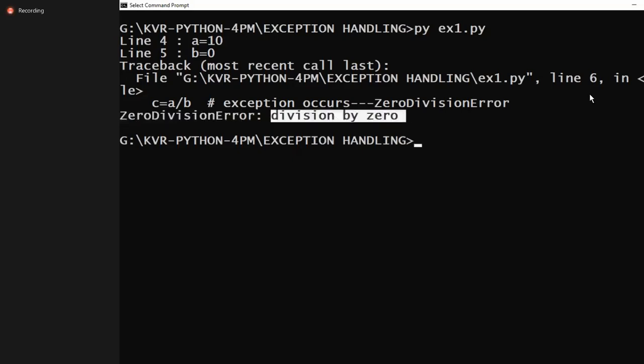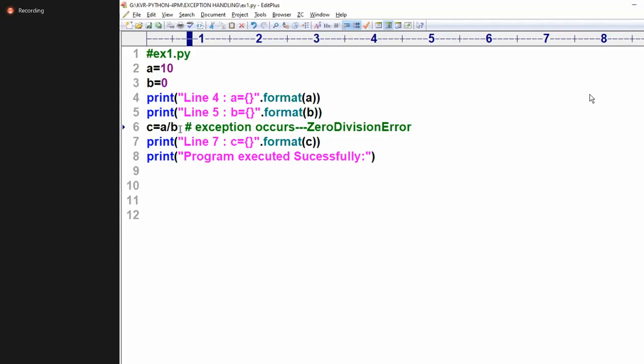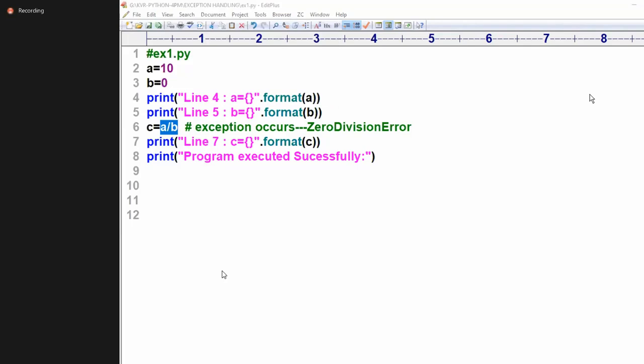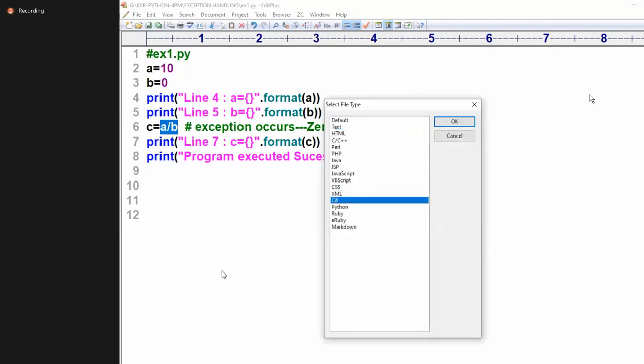One more type of example I want to show you. Look at this one more example, ex2.5. Here I am writing a is equal to, within double quotes, 10. Can I convert it into an integer?